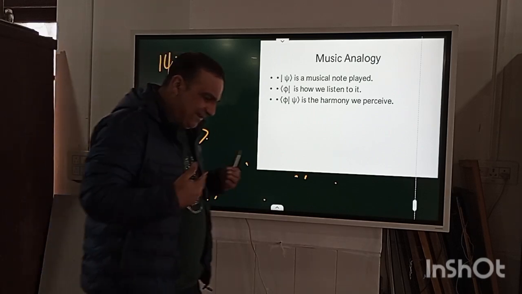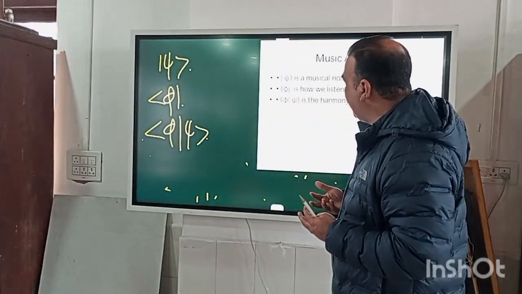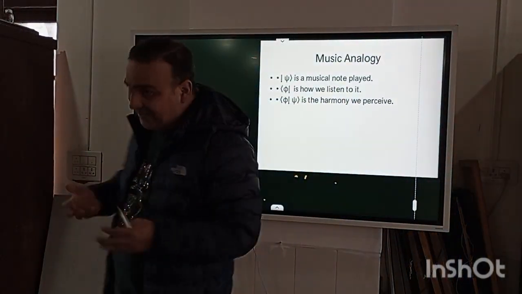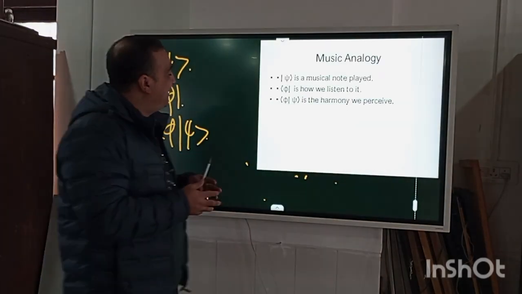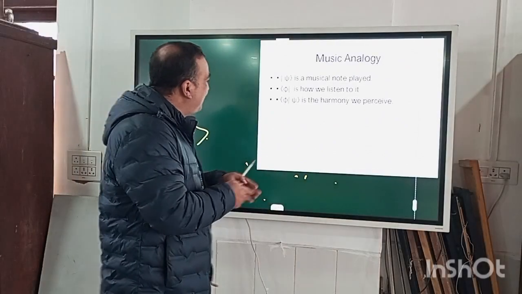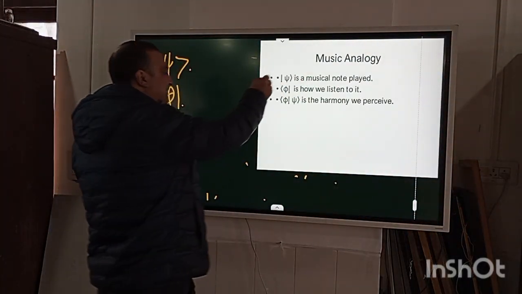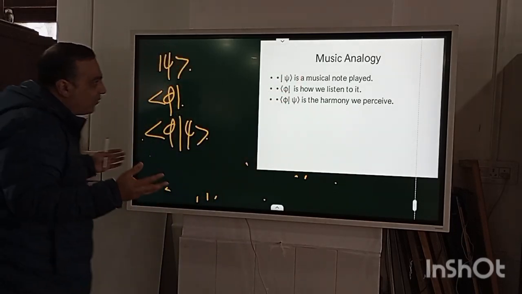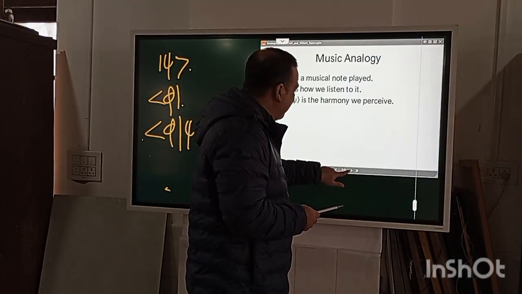So we can begin to understand this mathematical abstract thing that we have in terms of 0 and 1, defining the orthonormality of these two state vectors, in terms of a musical tone. And when you take the inner product between a musical note, the ket of psi, and listen to it in terms of the bra of phi, we obtain a harmony between the two.